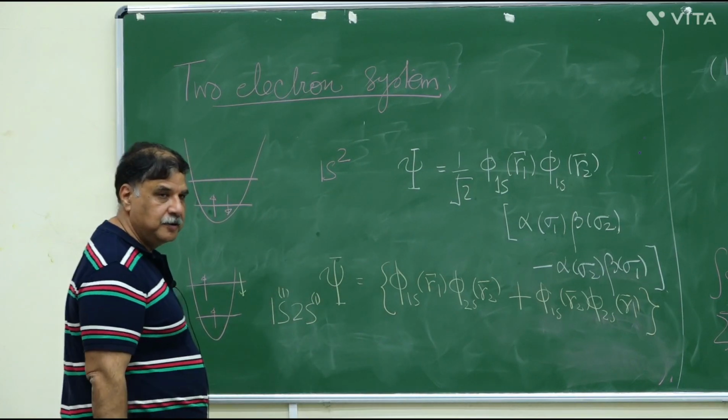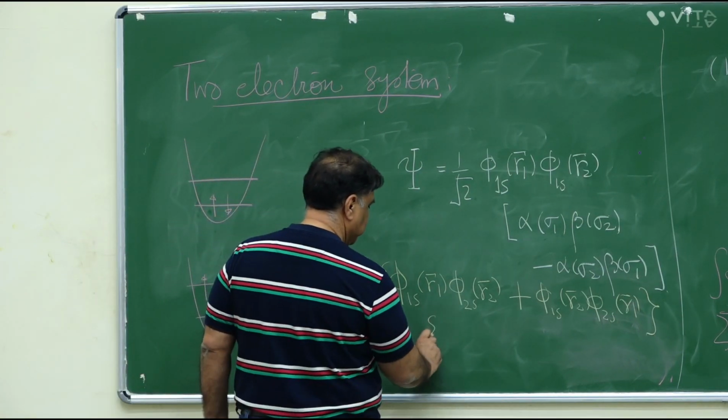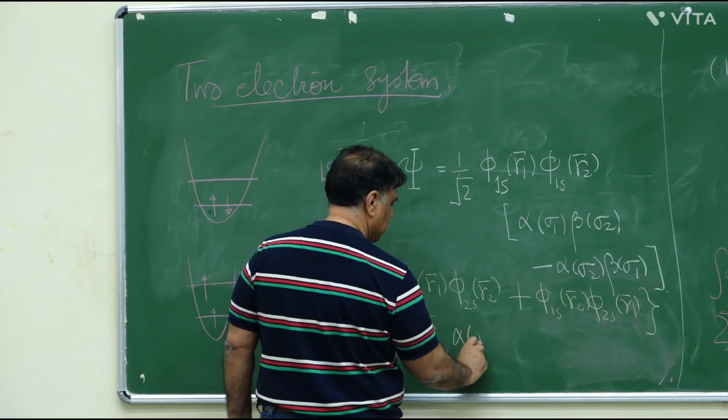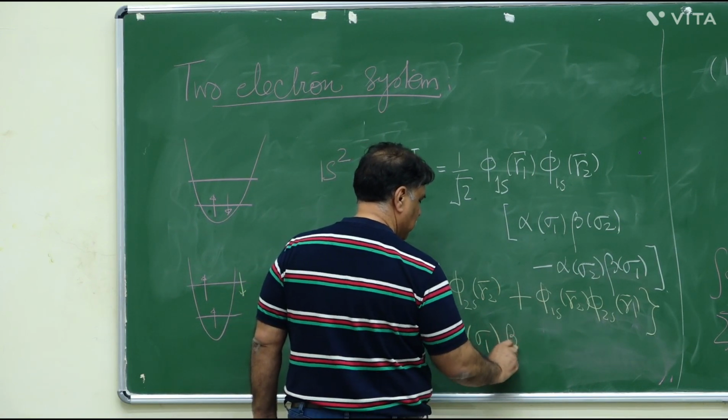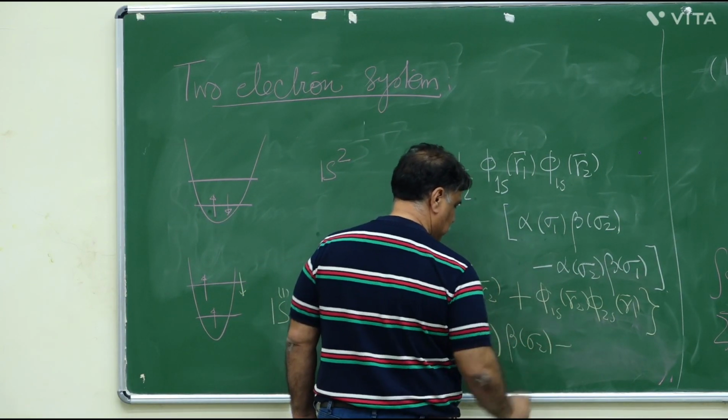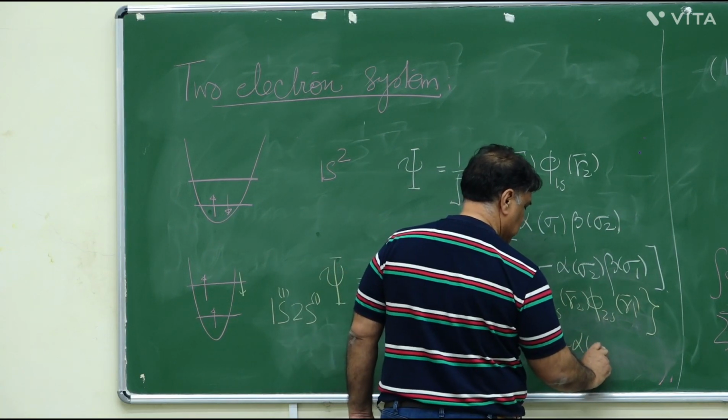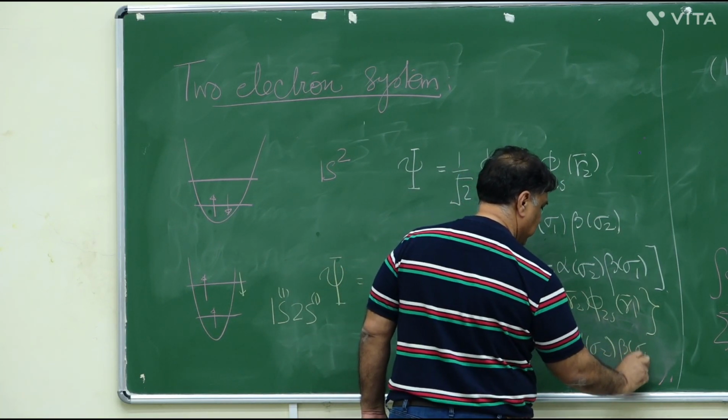But if I make it symmetric, the spin part has to be antisymmetric: alpha sigma 1, beta sigma 2, minus alpha sigma 2, beta sigma 1.